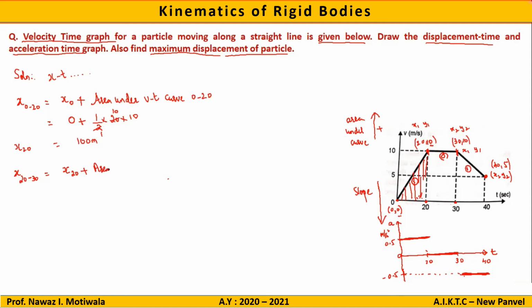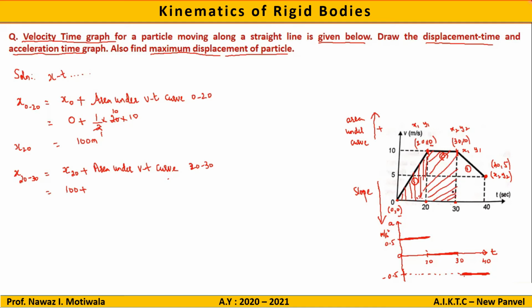Area under the VT curve between 20 to 30. So x20 we have just now got as 100, plus the area under the VT curve. So the area under the VT curve for this is nothing but this entire area.